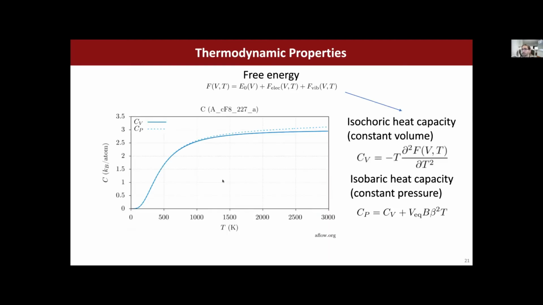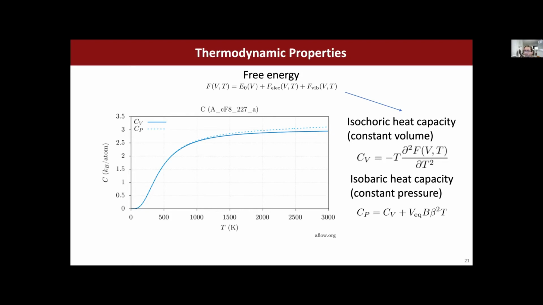Next important property we can extract is heat capacity, which is how much energy you need to supply to a body to increase its temperature by 1 degree. Here we have two different options.